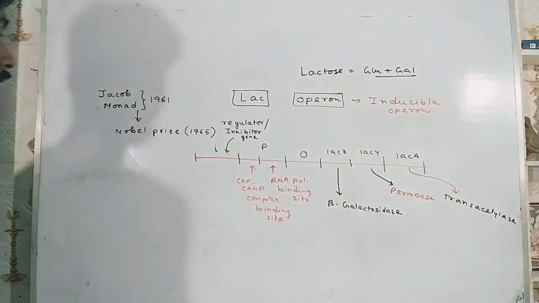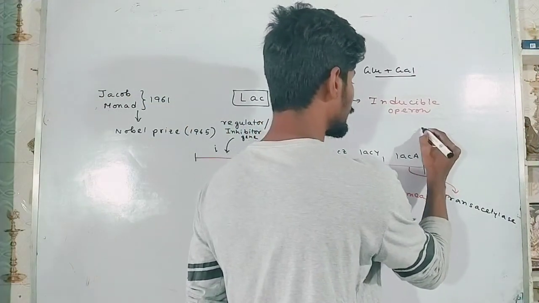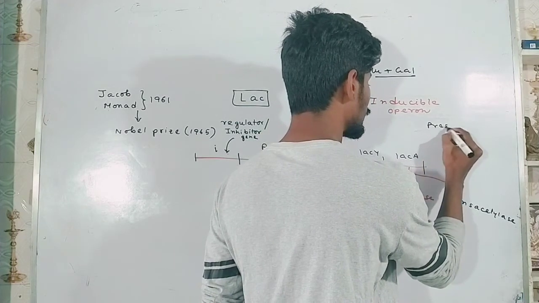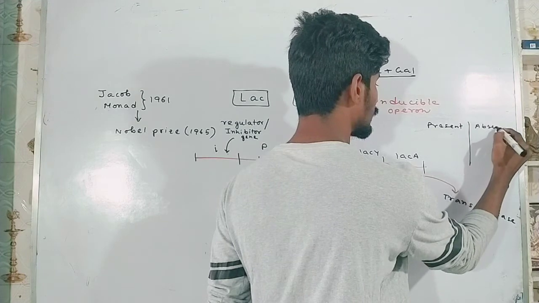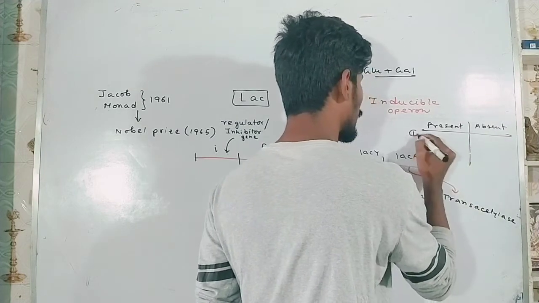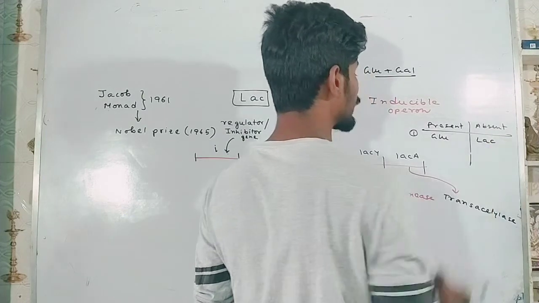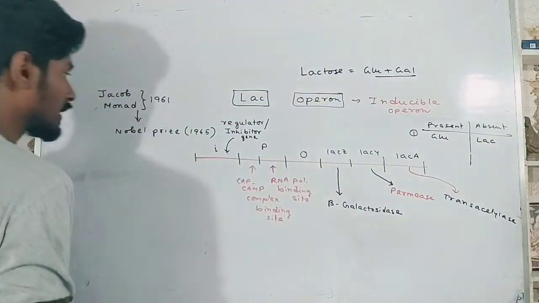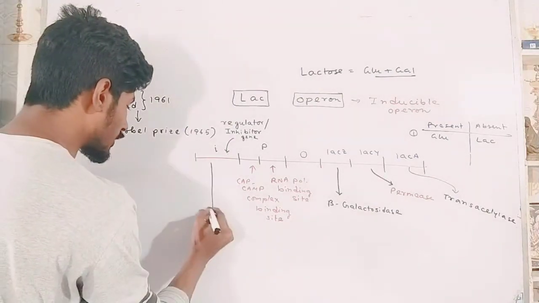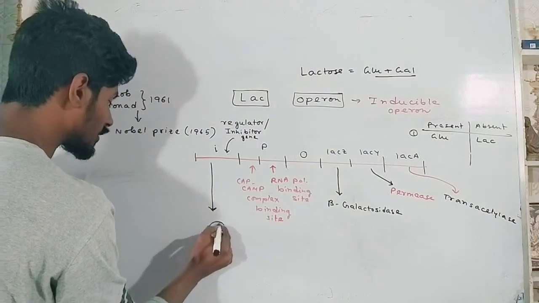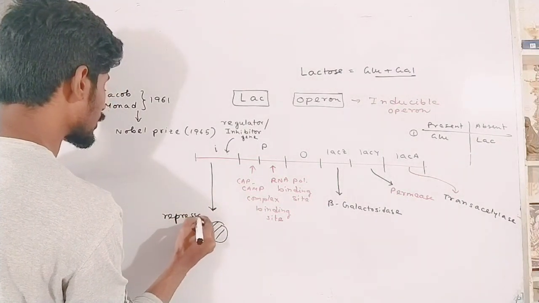Now let us consider a scenario where glucose is present but lactose is absent. In this case, the regulator gene produces a protein called the repressor.